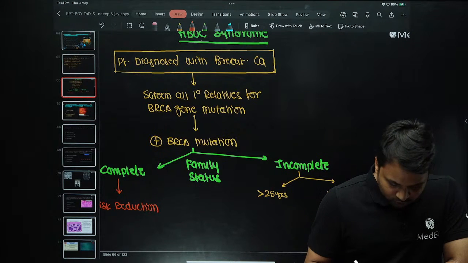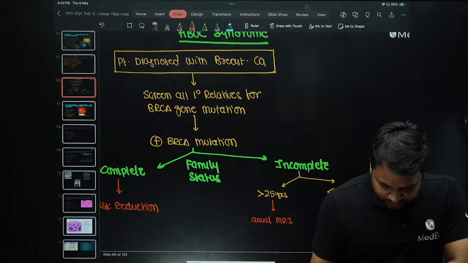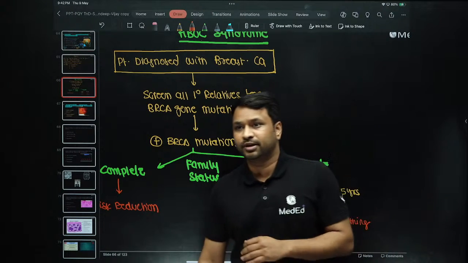If it is more than 25 years, then I would suggest annual MRI as screening. Less than 25, do nothing. More than 25, you tell the patient to get married as early as possible, have kids as early as possible and come back, right?